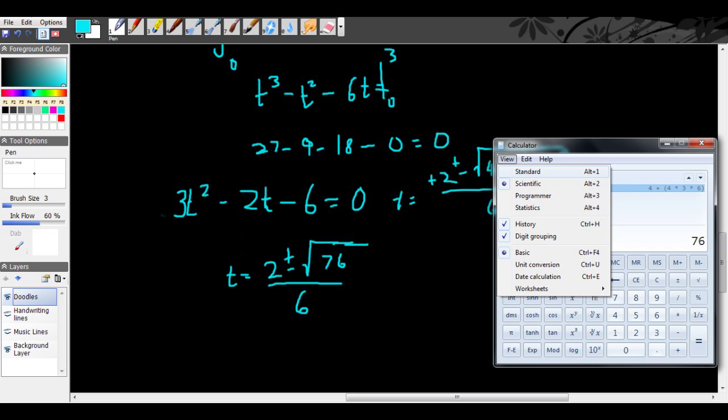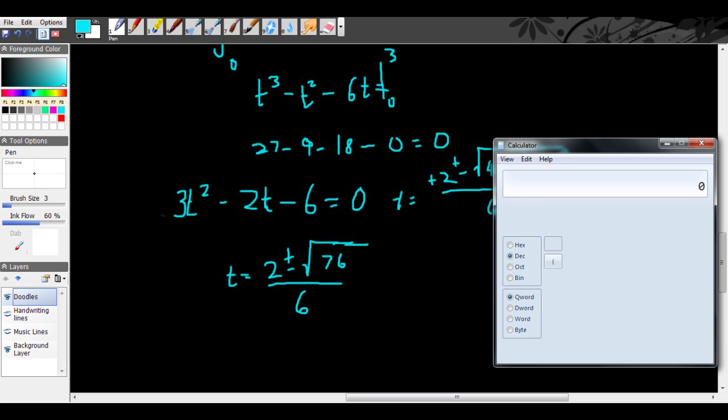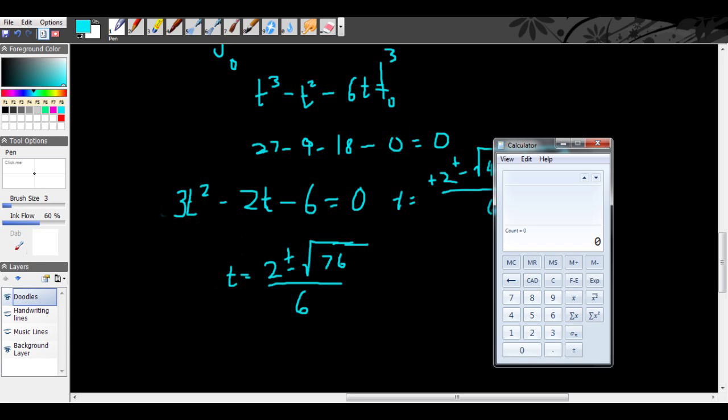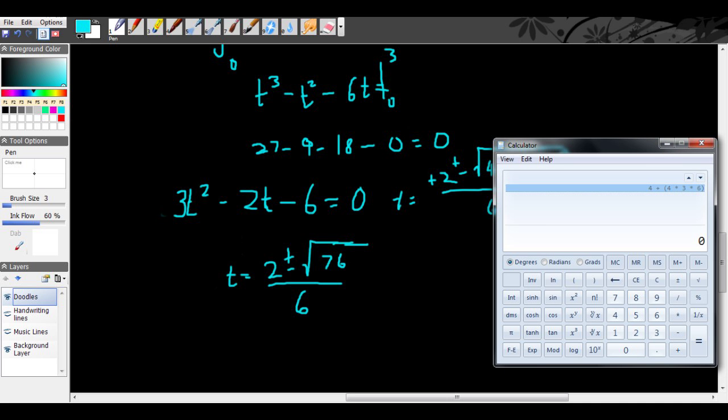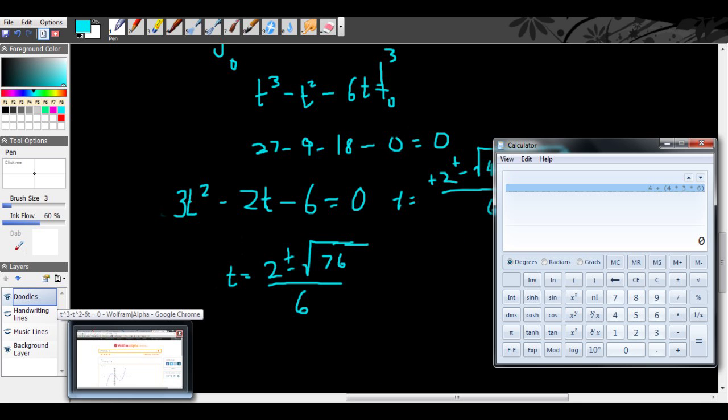Getting it somewhere. Programmer, maybe. No. Statistics. No. Scientific. It'll turn up, I'm sure. Okay, I guess I'm just going to do it on my hand calculator then.